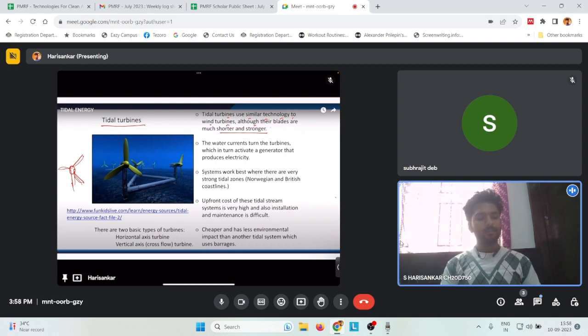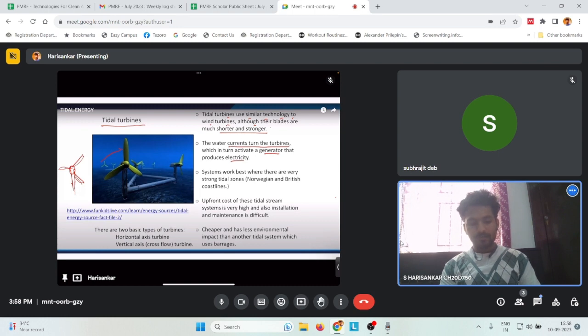The tidal turbines look pretty similar to a wind turbine, but with much shorter and stronger blades. The water current turns the blades of the turbines, which in turn activate a generator that produces electricity.